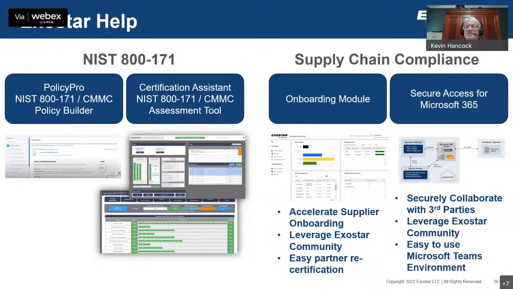We have Certification Assistant, which allows you to do that self-assessment, that allows you to generate that SSP that Chris talked about, the POAMs, which are the remediation that you need to do, and that SPURS score. So you have all of those packaged together so you can comply with those DFARS clauses that are part of your contract.